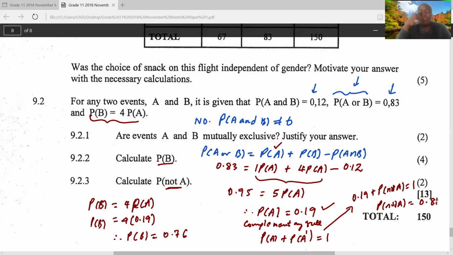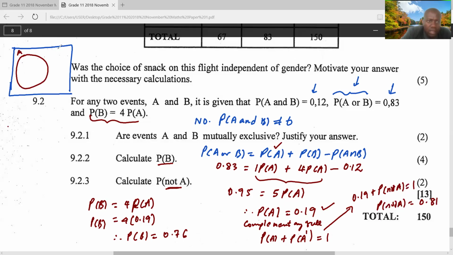Then again, you need to familiarize yourself with Venn diagrams, because sometimes they can ask you to construct a Venn diagram of these events. So it's not about calculating only. You must be able to construct a Venn diagram also. For example, here our events are this set A and this is B. What is the probability of A and B?